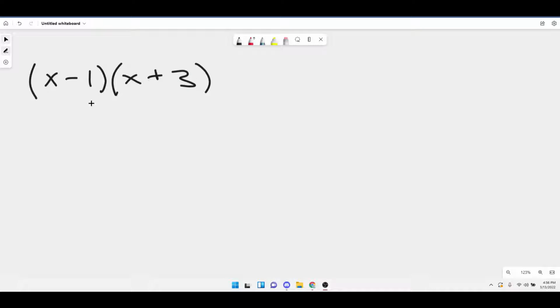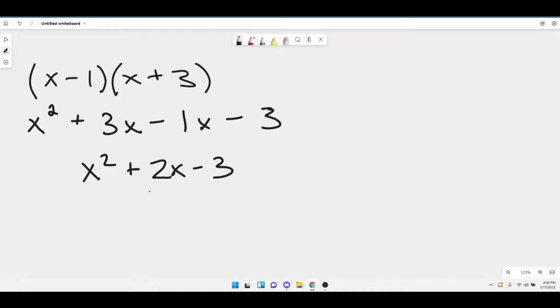Here's an example of an equation that's been factored properly without a difference of squares. So we'll FOIL this out. We do x times x and get x squared, plus 3x minus 1x minus 3. And we see that we end up with x squared plus 2x minus 3.